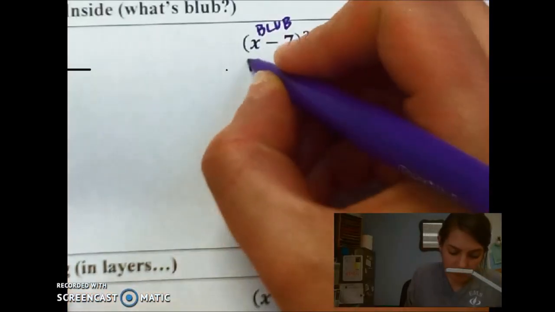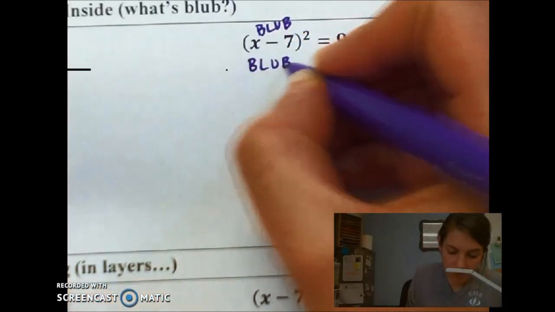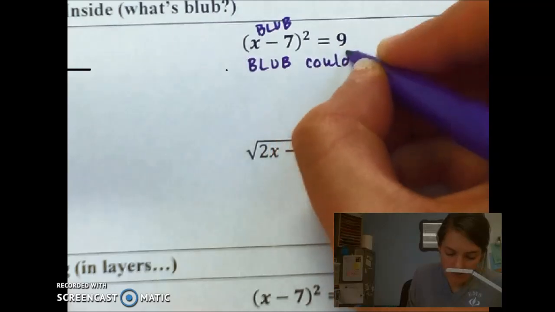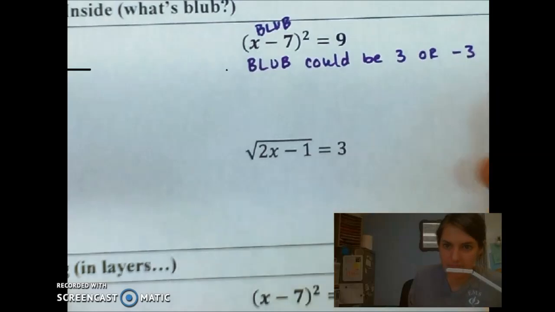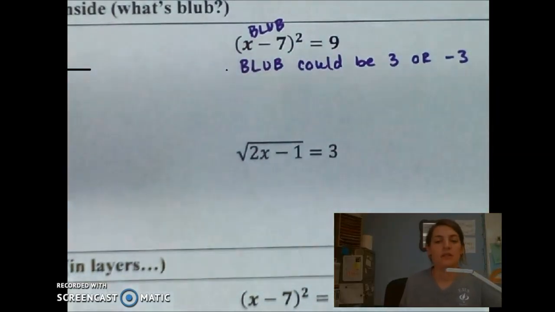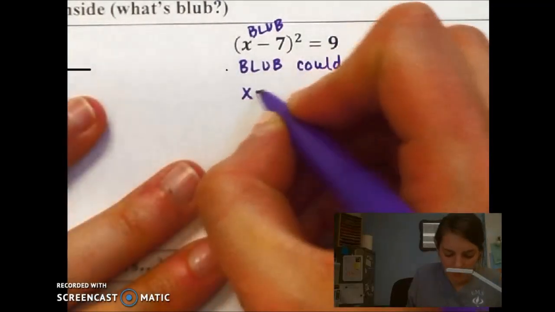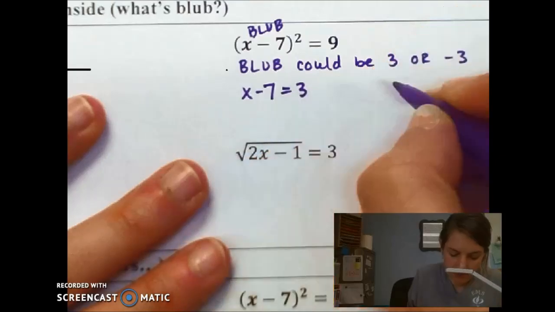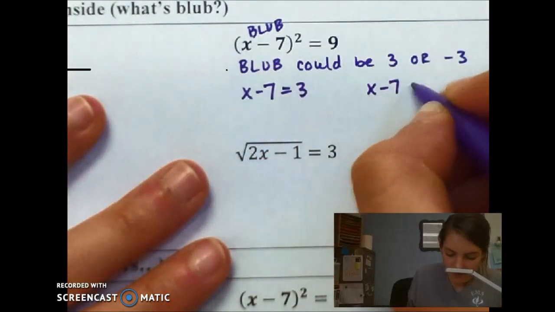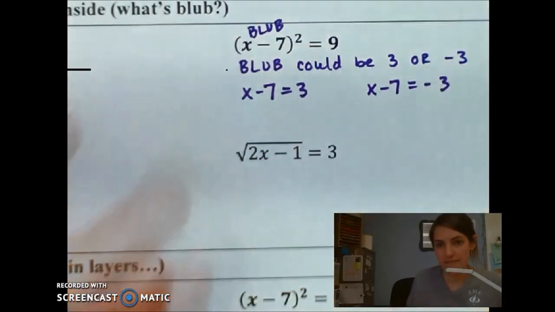So here, let's write it out. Blub could be 3 or negative 3. So then, according to this logic, we kind of have two different results here. The x minus 7 could equal a 3, or the x minus 7 could equal a negative 3.